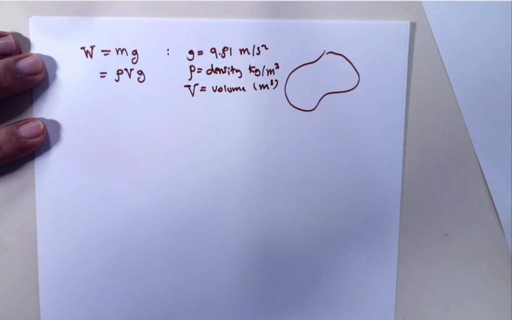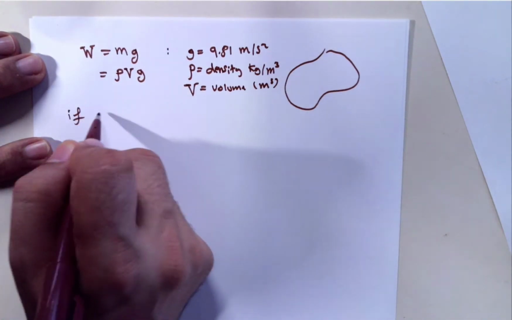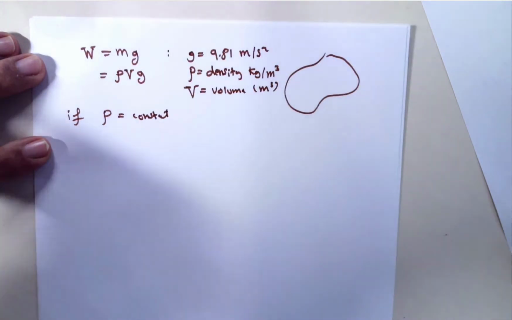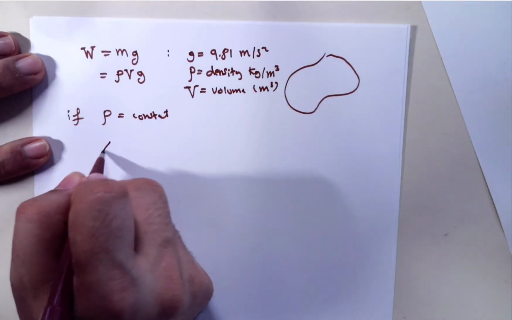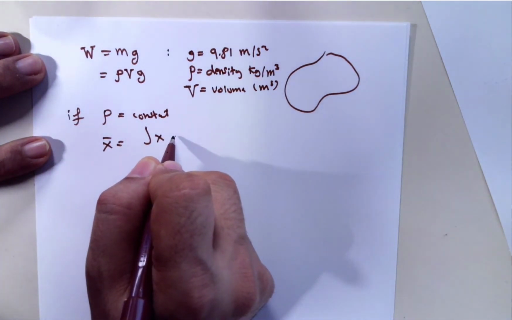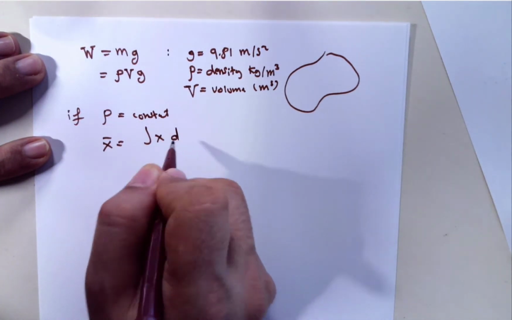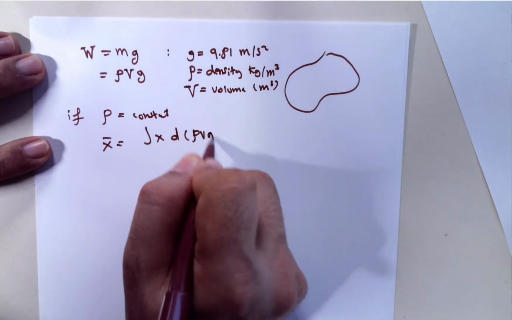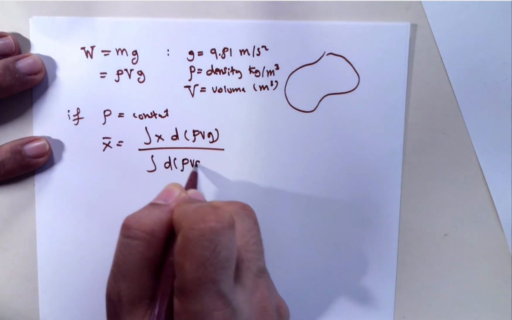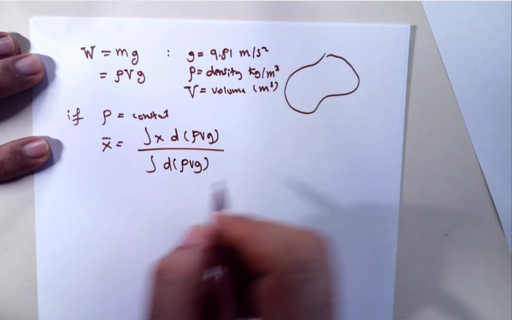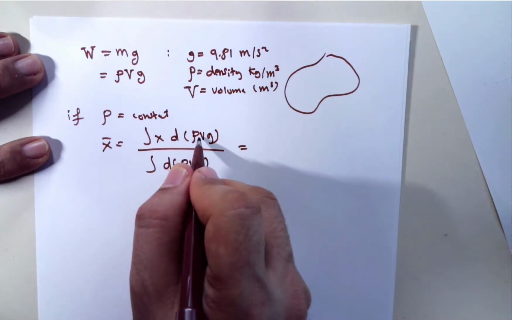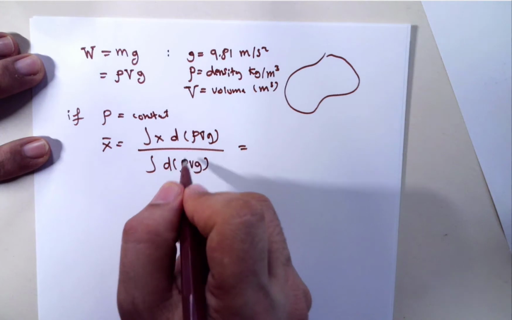Now if the density is constant, meaning it's isotropic, then our formula will drop as follows. So I'm going to write it as rho g x dV over rho g dV, right? Similarly for the y, which we will show. Now constants in a differential will go out and the volume will stay because it's the only variable.